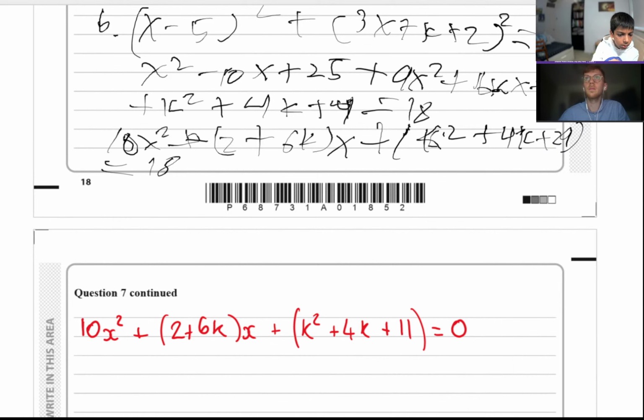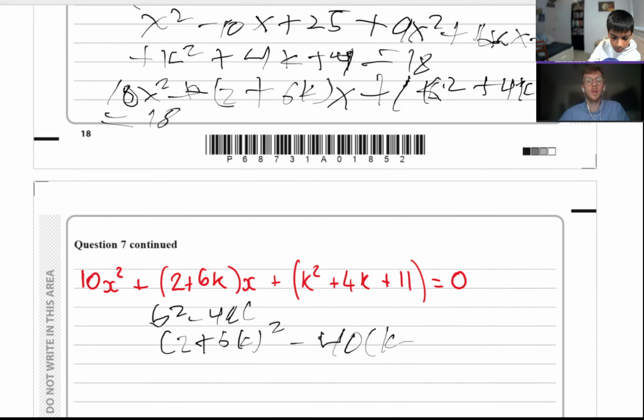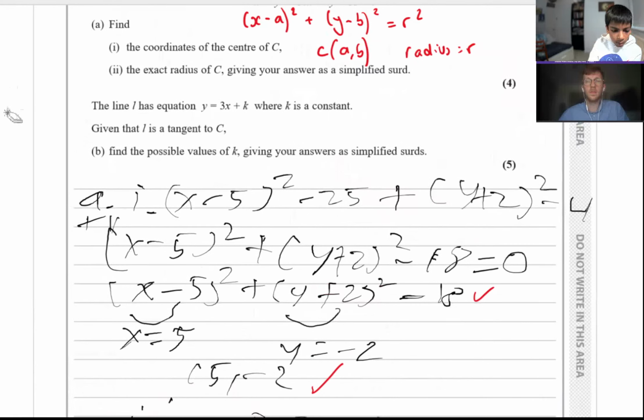Then the discriminant is b squared minus 4ac, which is 2 plus 6k squared minus 40 times k squared plus 4k plus 11.